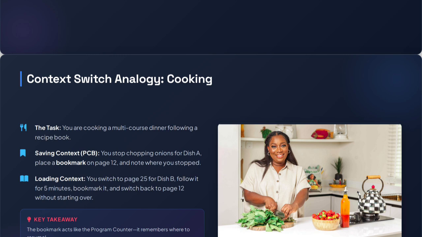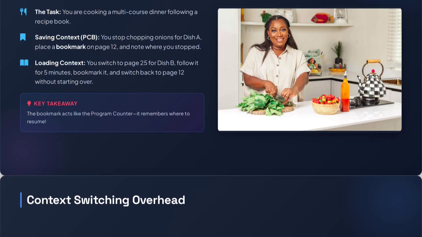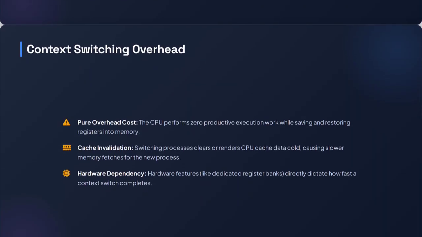You open the book directly to your bookmark. The bookmark acts like the saved context, the PCB, the process control block. This is a real life example.